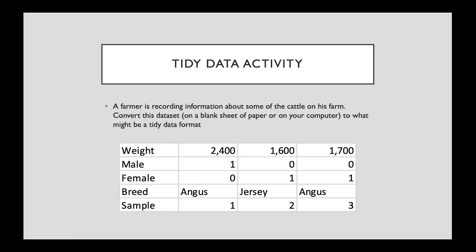You can do this on a blank sheet of paper, or you can do this on your computer. If you were to try to organize this data as tidy data, what might it look like? Whenever you are done, feel free to type done in the chat. And if you need help, you can always message Sahar, Kavanch, or myself.